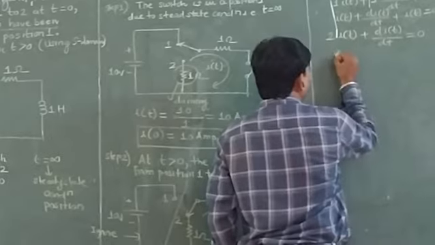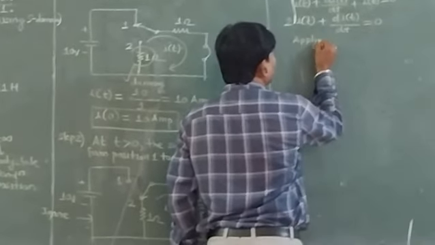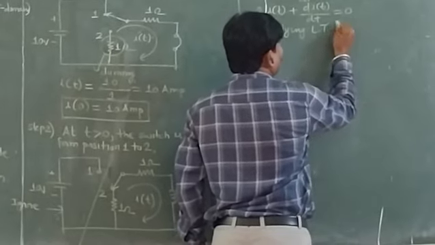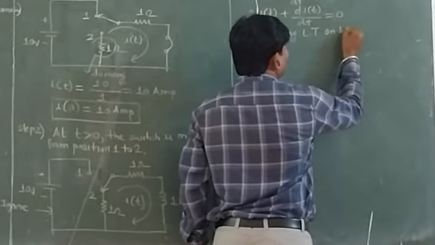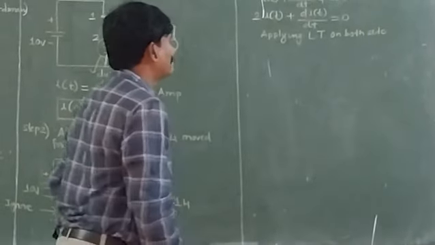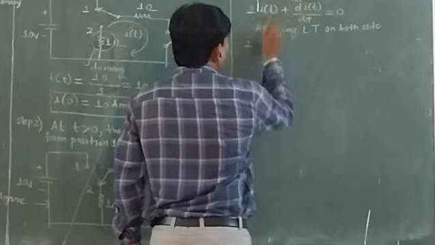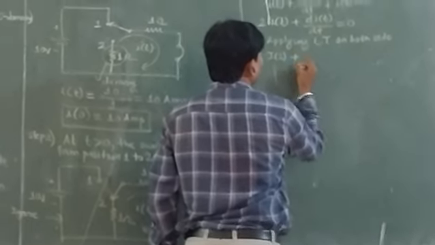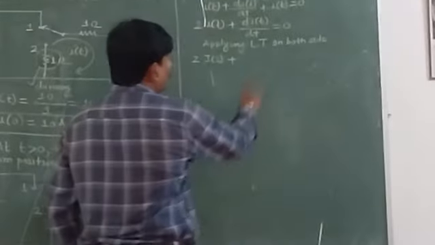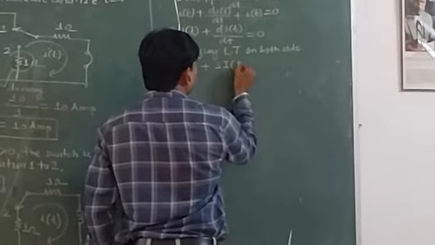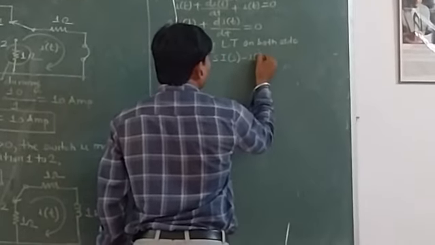So applying Laplace transform on both sides, the Laplace transform of I of t gives 2I of s, plus the Laplace transform of the derivative of I of t, which is s into I of s minus I of 0, equals 0.